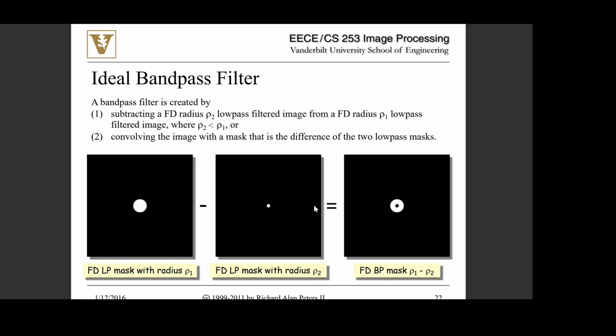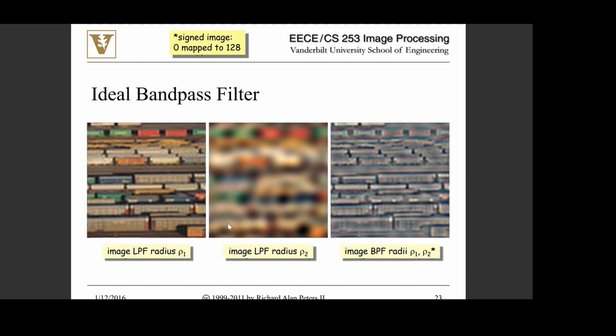So instead of 1, we now have the difference between 2 low-pass filters. This is the filter with radius 1. This is a filter with radius 2. Which one of the two? These radii are frequencies. So which of these two frequencies is smaller? Rho 1 or rho 2? 2. Why?